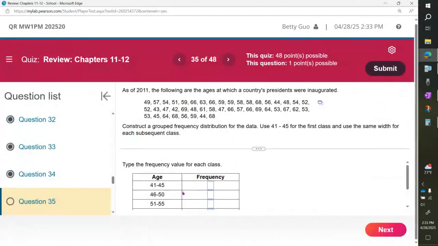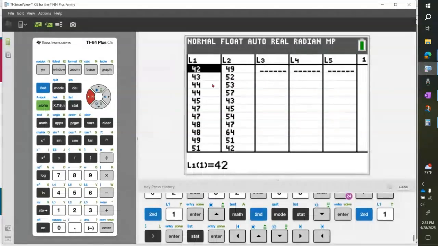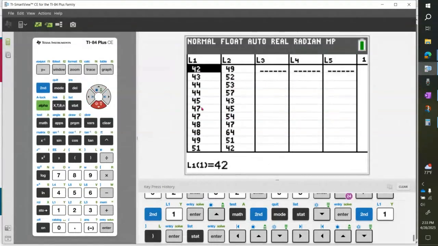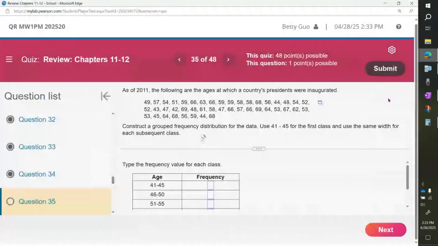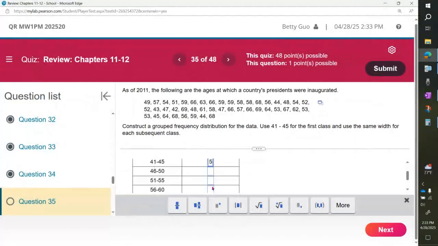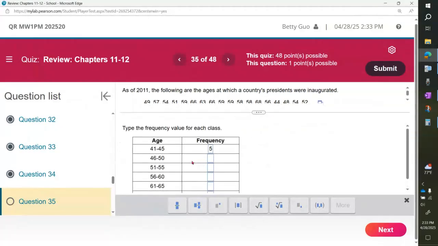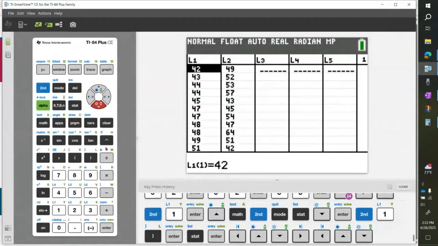How many of them are between 41 and 45? So this is the first value, right? First value. So 1, 2, 3, 4, 5. 5 of them. So the frequency is 5 here. How many of them are between 46 to 50? 46 to 50.